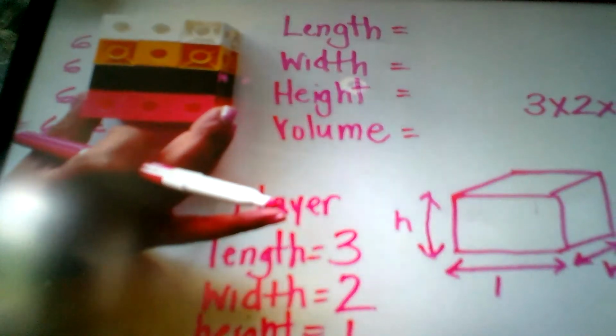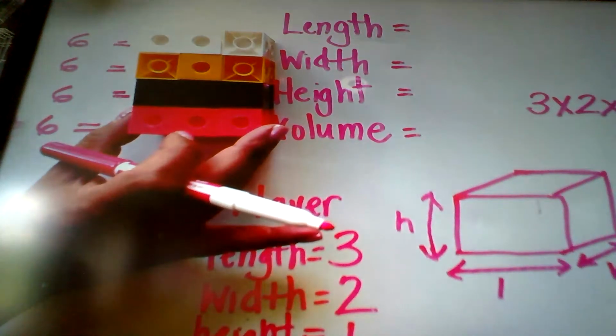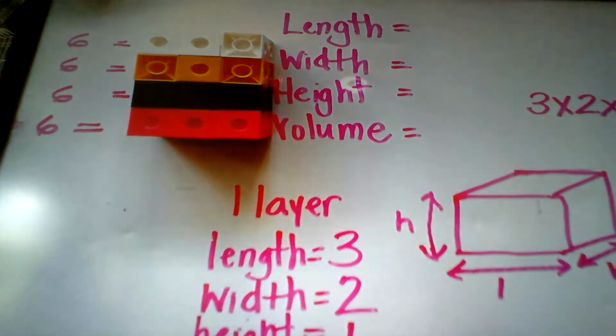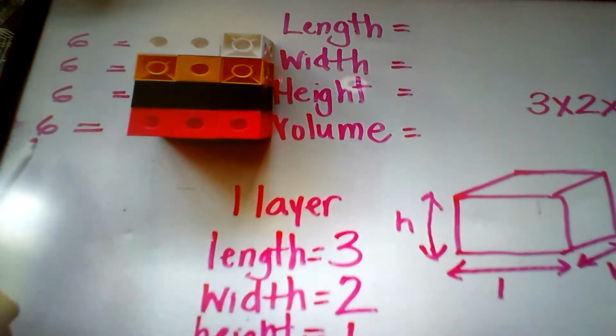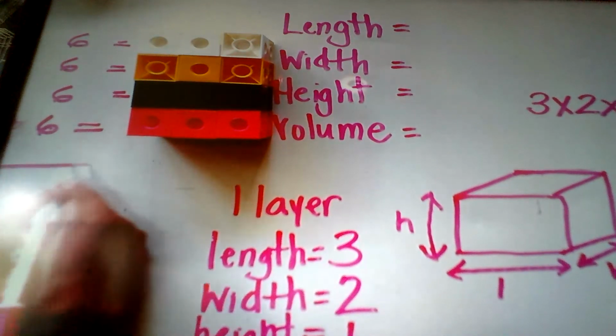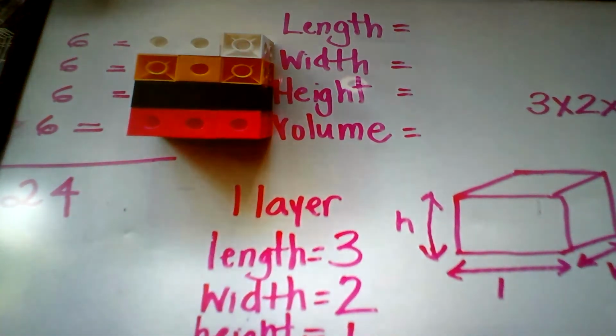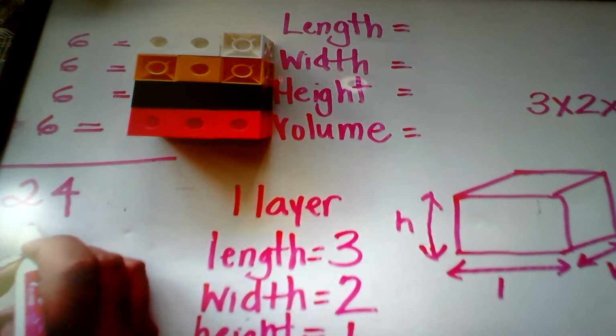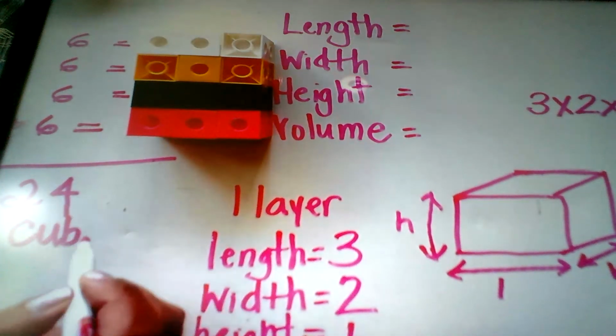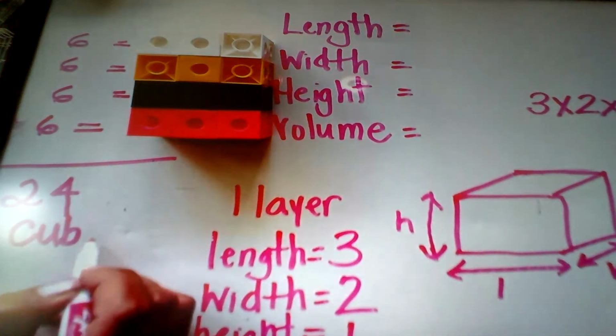Therefore, if we find the total volume of this entire rectangular figure, we know that 6 times 4, or 6 plus 6 plus 6 plus 6, gives us 24 cubic inches.